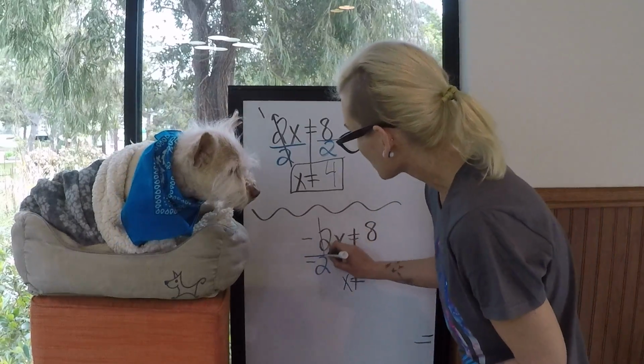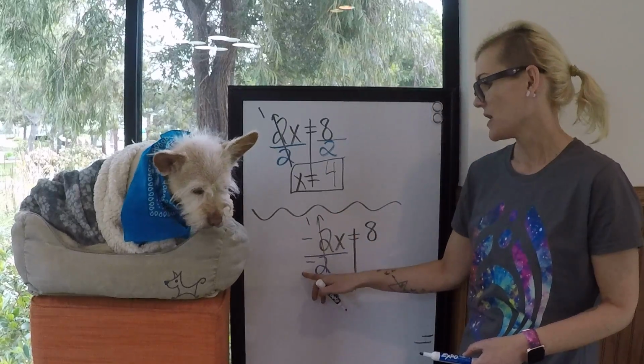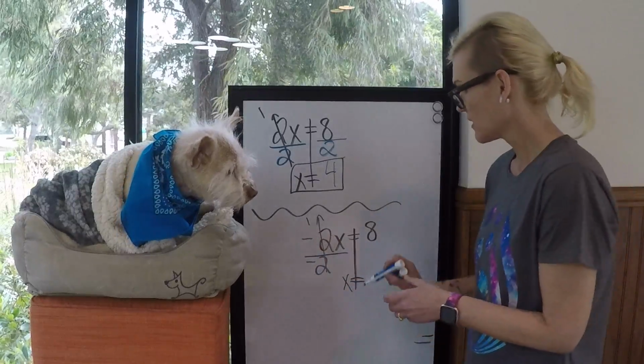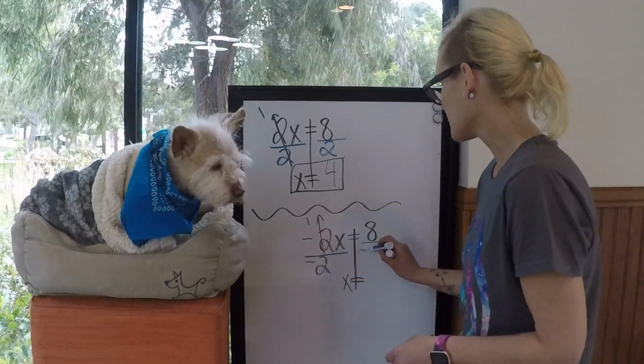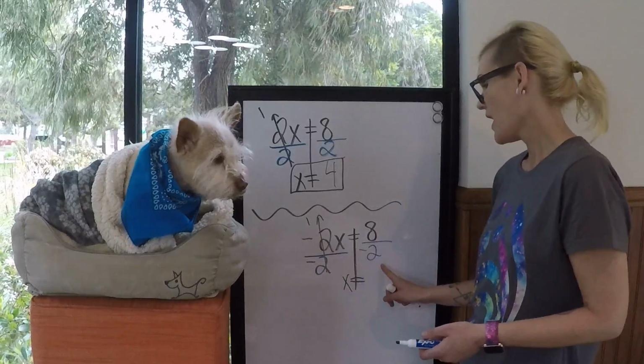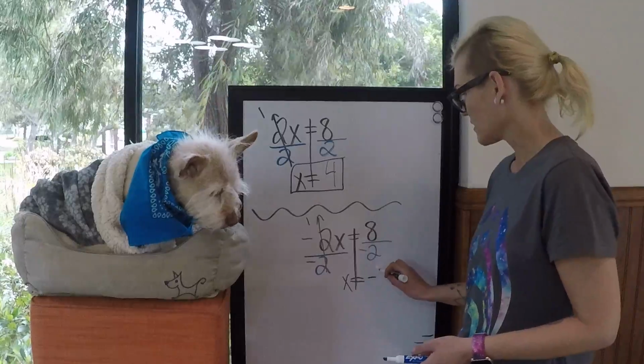These numbers have to cancel to give you 1. Negative 2 divided by negative 2 gives me a positive 1. 1x, that's just x. Both sides have to get divided by the same number. Whatever I do to one side, I have to do to the other side. A positive divided by a negative is a negative.